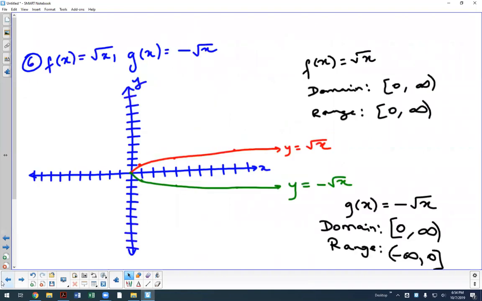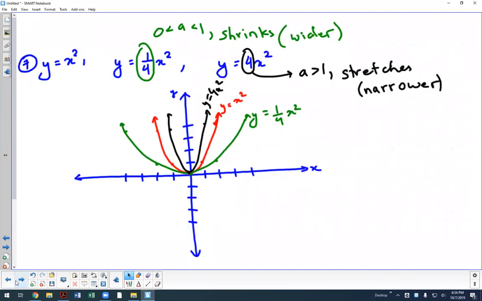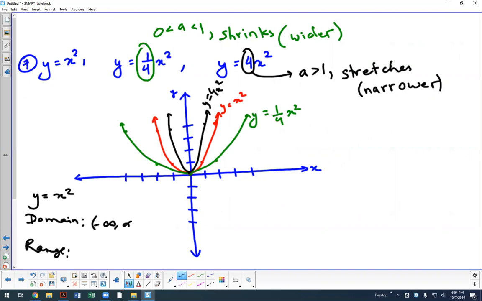Okay, let's see. We talked about the domain and range here, so let's talk about the domain and range for these functions. What changes? So that's the original function x squared, with a domain going from negative to positive infinity.